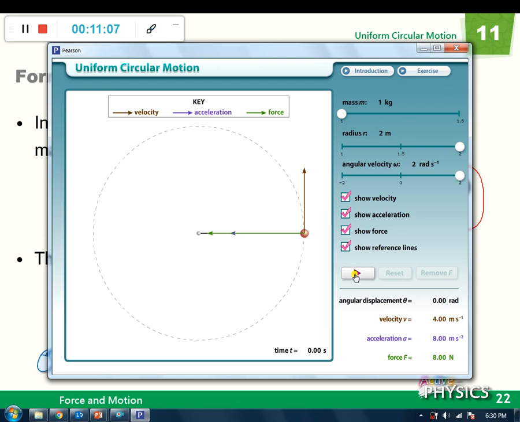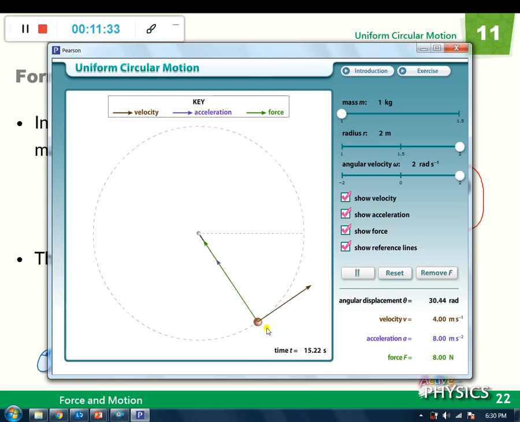Omega is changing, so v should be changing. Then what will happen? You need greater a and greater F to pull it. Why? You can look at that. The ball has inertia. It wants to move forward, but unfortunately, we have the centripetal force to pull it back.